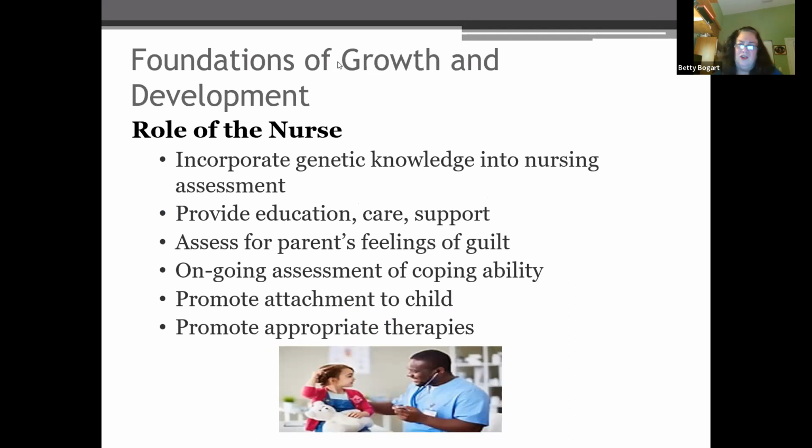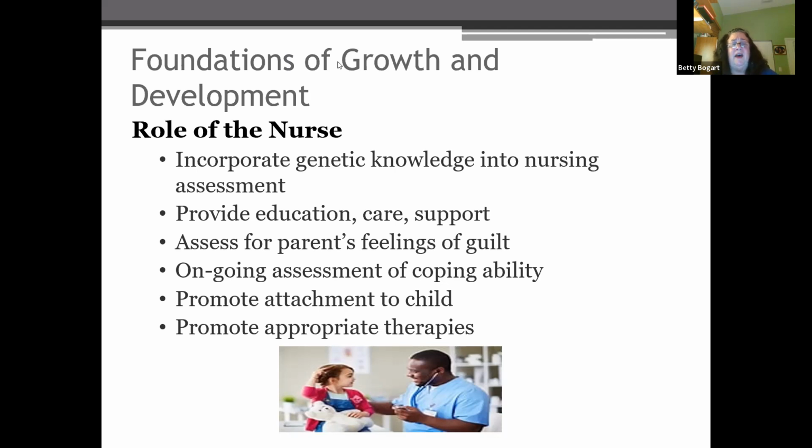So what is your goal as a nurse with all of this growth and development? Well, number one, we need to provide education for the parents. They need to know safety. They need to know what they should do and how they can help, tummy time, back to sleep, all of these things that we do as a nurse.